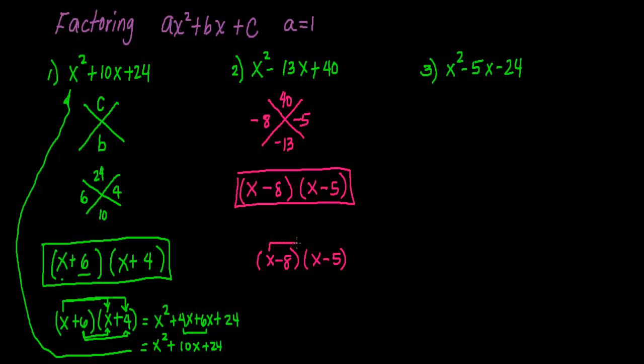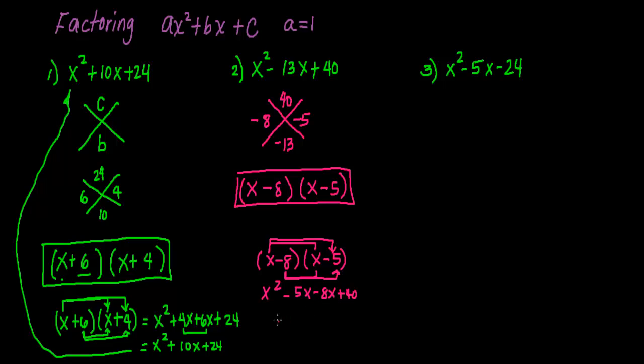You take the first term times the first term, you get x squared. That same term with the last one, you get negative 5x. Then you take this one times x, negative 8 times x is negative 8x. And negative 8 times negative 5 makes positive 40.